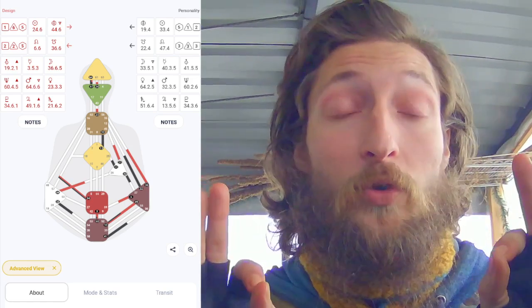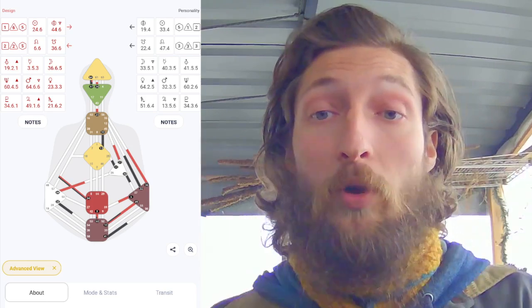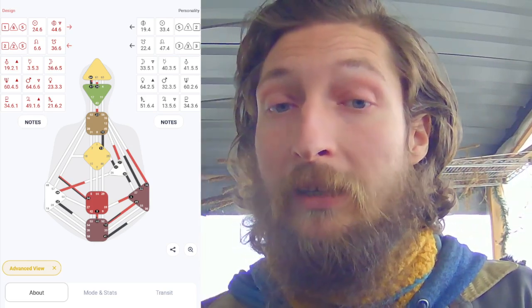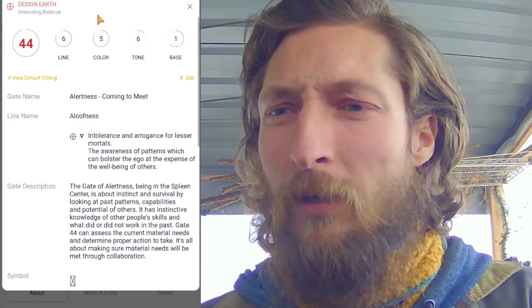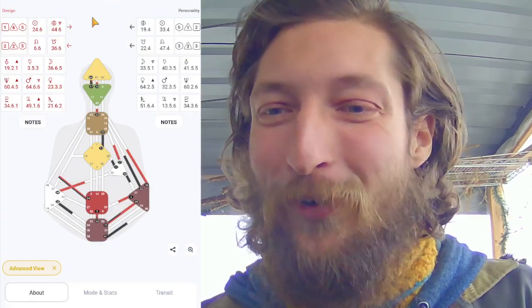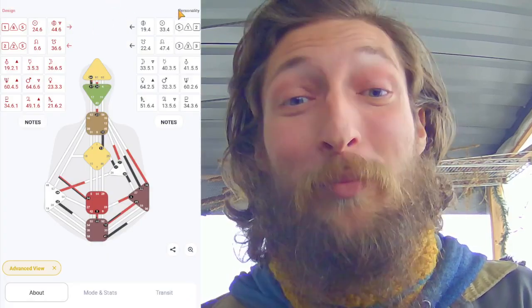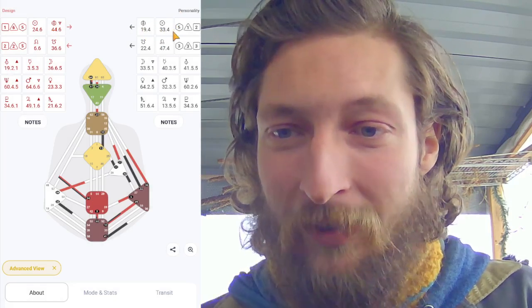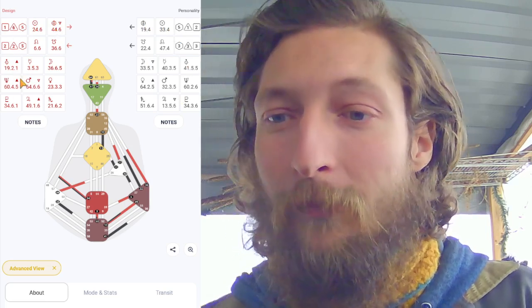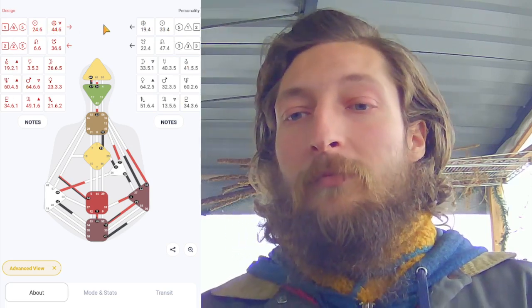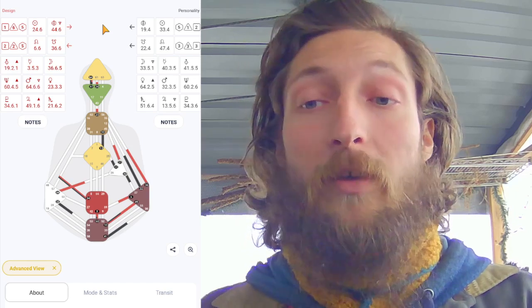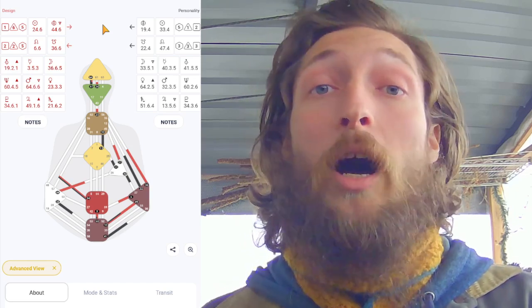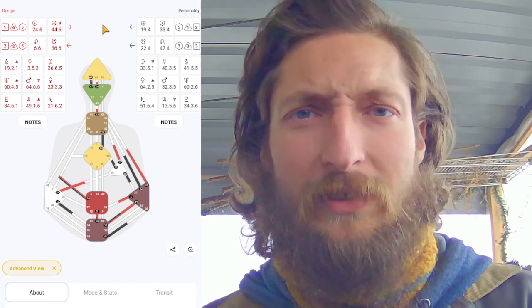And so from those 2 pieces of information which make up the profile, we have the 4-6 profile. What I'm pointing to here is essentially the sun and the earth of the personality, and the sun and the earth of the design. This is something that we can all kind of see and recognize in these profiles.